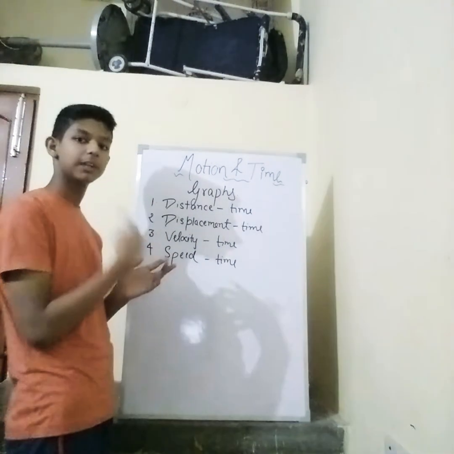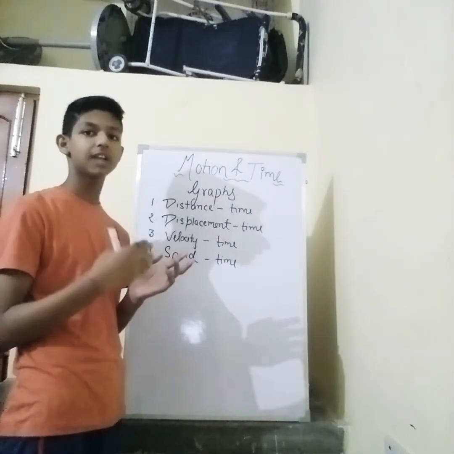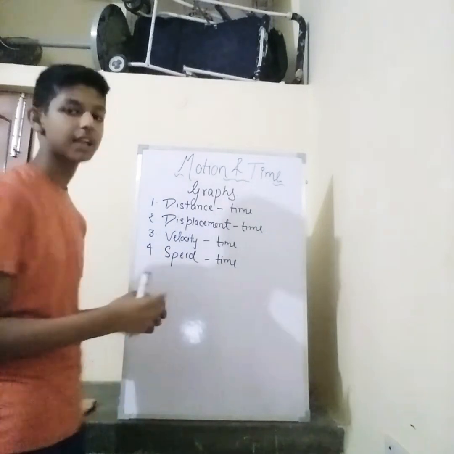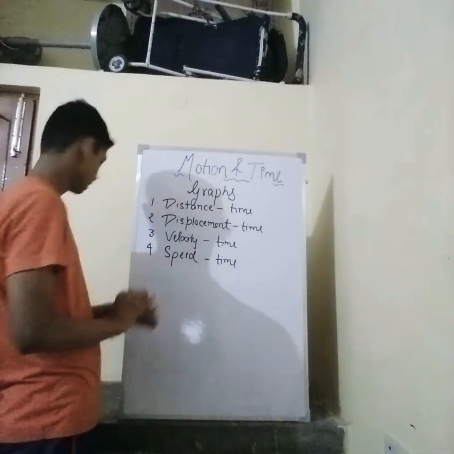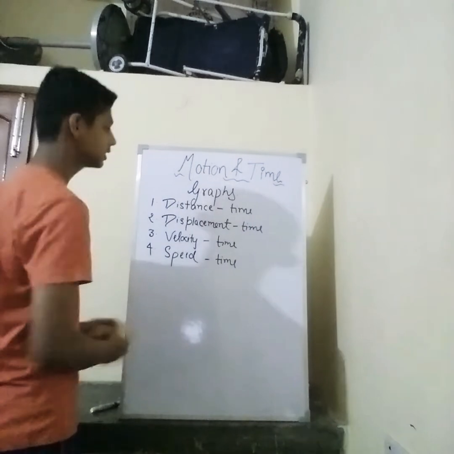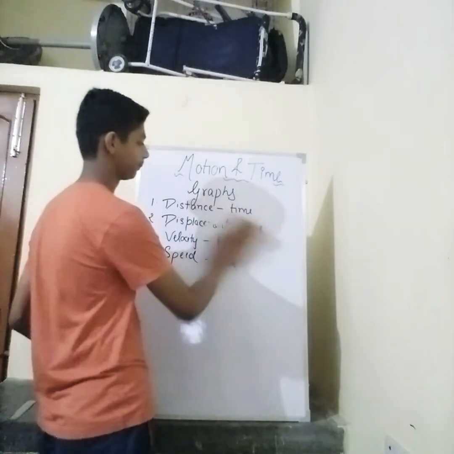Second is the displacement time graph. Third is the speed time graph, and fourth is the velocity time graph. Now we will discuss all these one by one in detail.